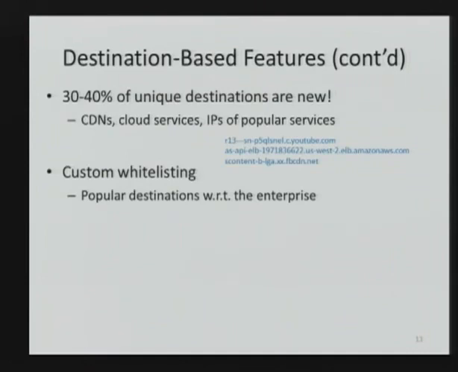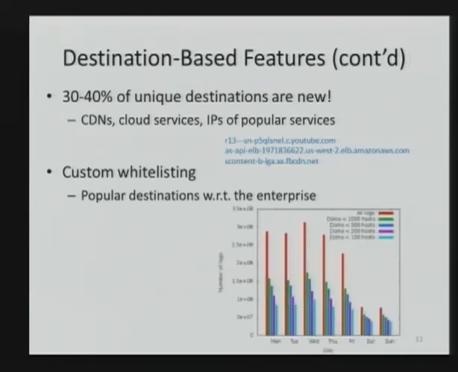So that is, we add a destination to the whitelist if it has been contacted by more than X number of internal hosts. And here we can see just an example, but you see the number of logs that Beehive has to examine go down as we increase this threshold X. And if we set this threshold to 100 hosts, then we can reduce the amount of logs that we have to examine by 74%.